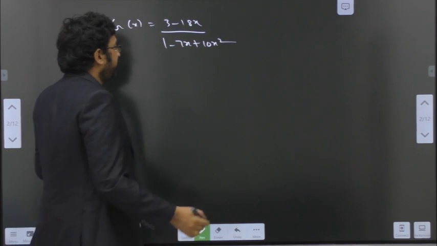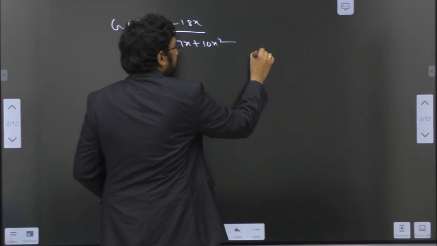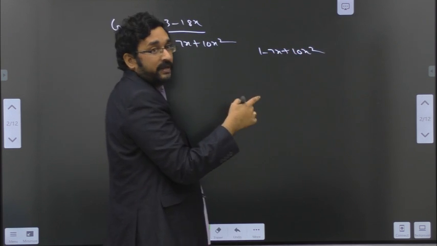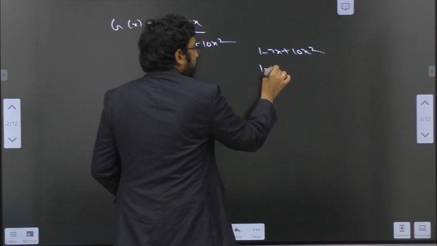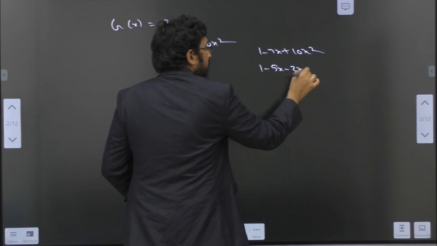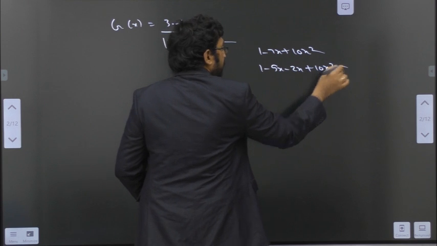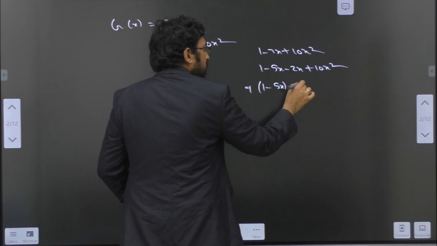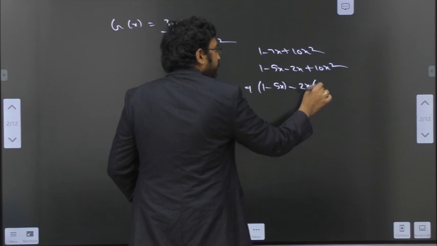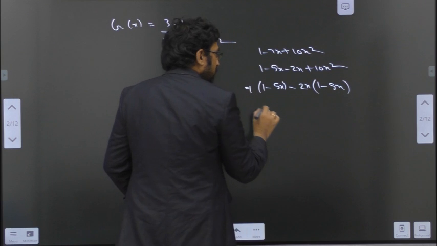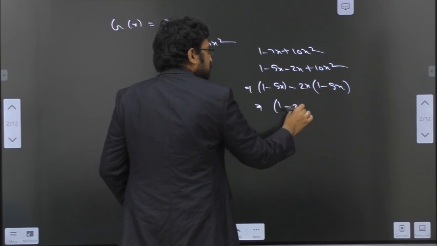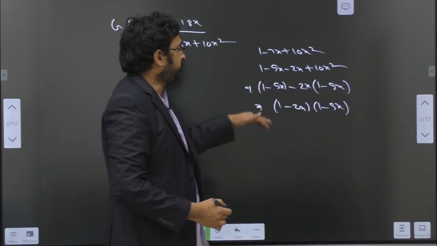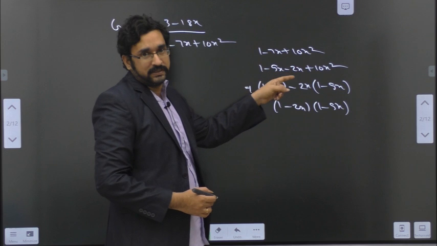Now for this we have to find partial fractions. For the factors of 10, 5 into 2, so we can write 1 minus 5x minus 2x plus 10x squared. Taking common terms, 1 minus 5x minus 2x common, say (1 minus 5x). So we have (1 minus 2x) into (1 minus 5x). Those are the factors of 1 minus 7x plus 10x squared.